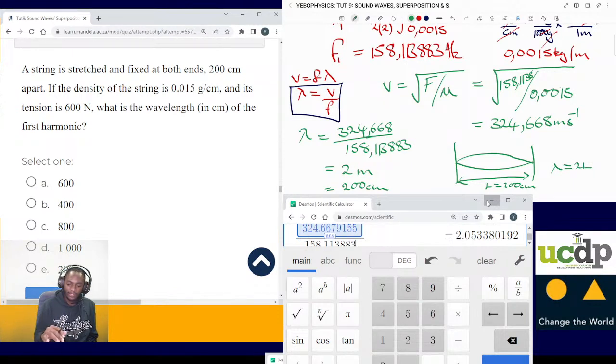But now if you use this concept of using equations, we're finding our L to be 400 centimeters actually, yeah.